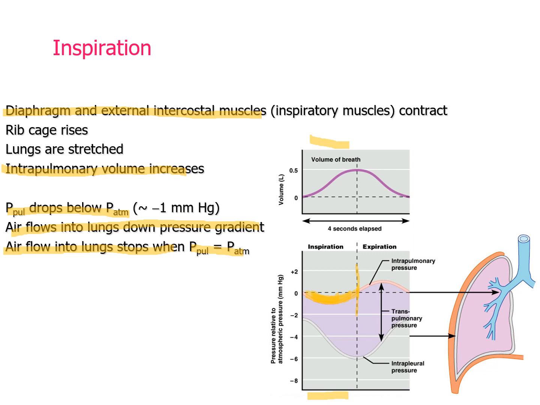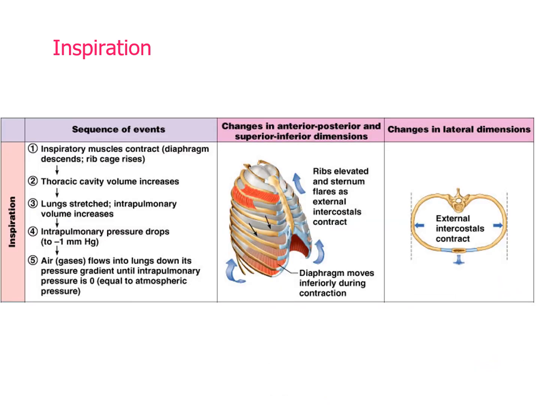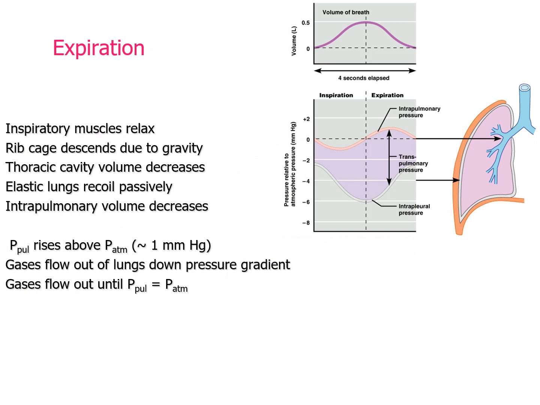Now expiration. The events associated with that are again shown here: the muscles, the sequence of events, and the anatomical changes. For expiration, shown on the left side, the inspiratory muscles relax, the rib cage descends, and your chest is lowered, not raised.